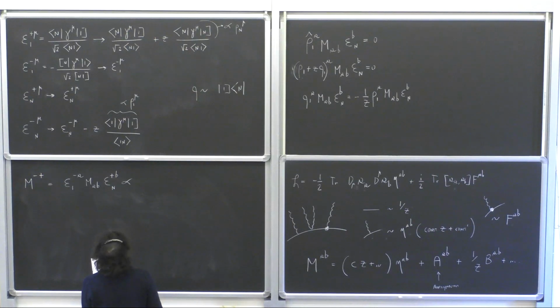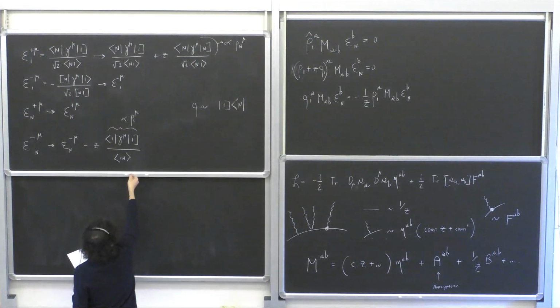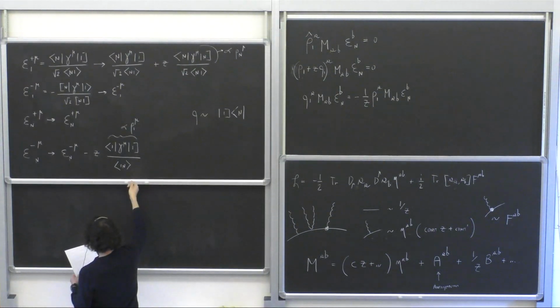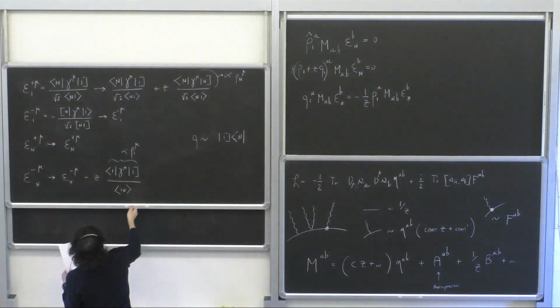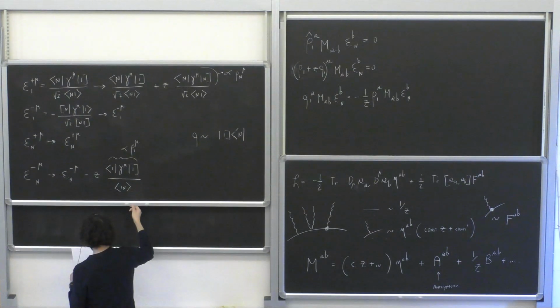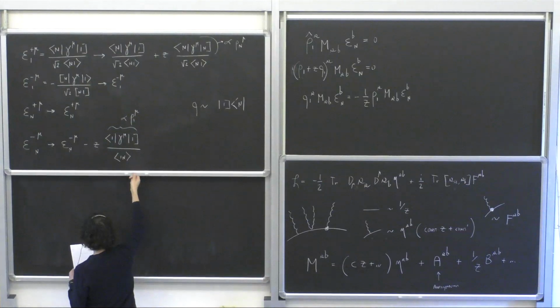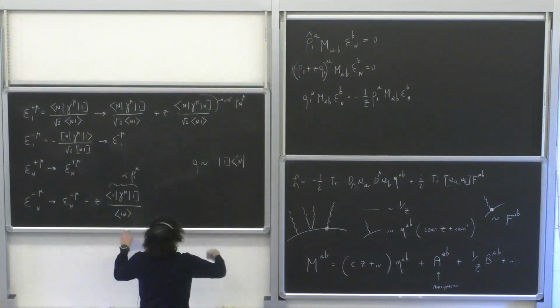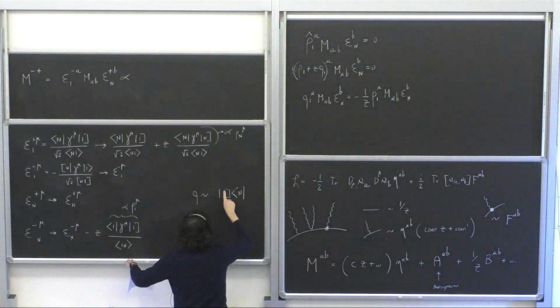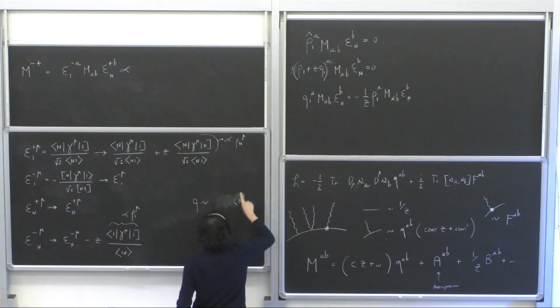So we have epsilon 1 minus, and we see that epsilon 1 minus is proportional to the shifted one, and this would be, this is not true, that's Q conjugate.